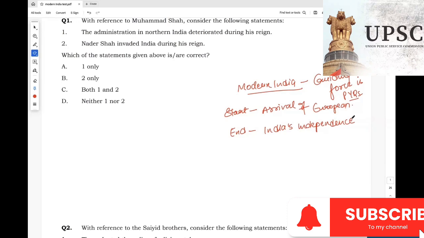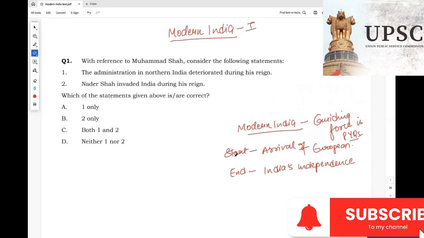And the book ends at India's independence. However, in the recent editions, they have also added the post-independence history, which I believe is useless. All right. So this is what we are concerned about. That's why here we are going to discuss questions from the European dimension as well as the Indian dimension. So let's start with that.